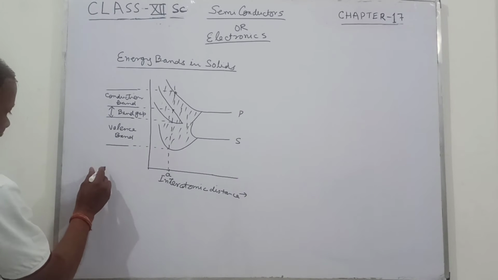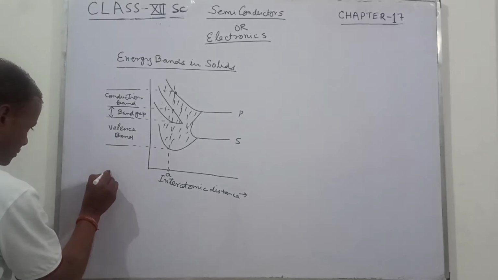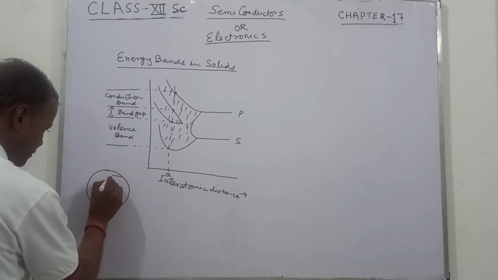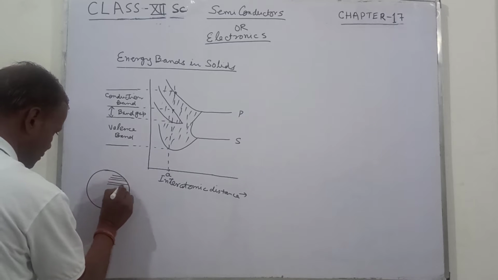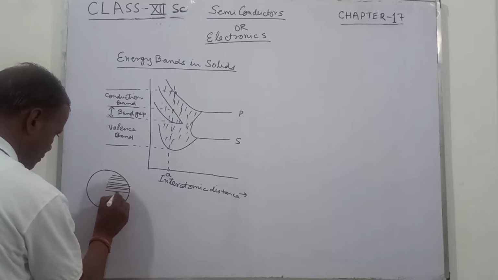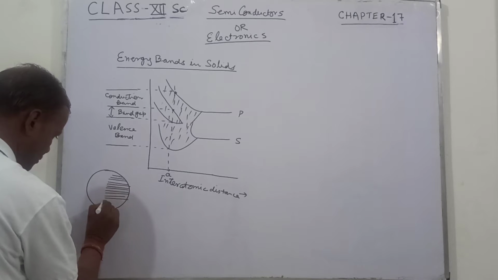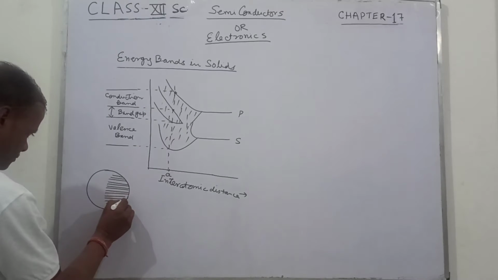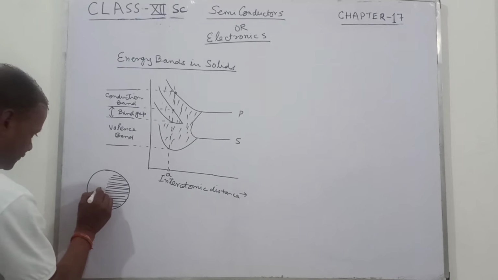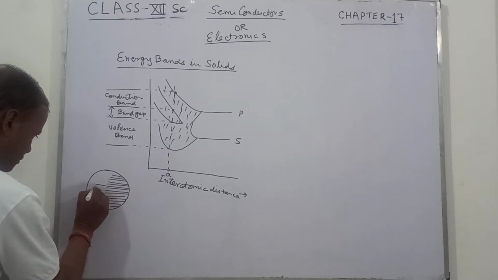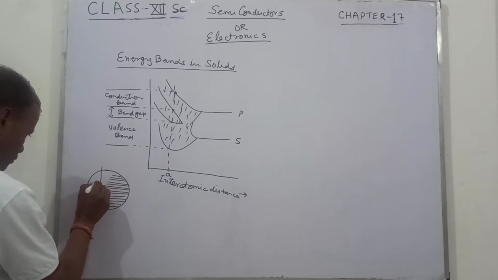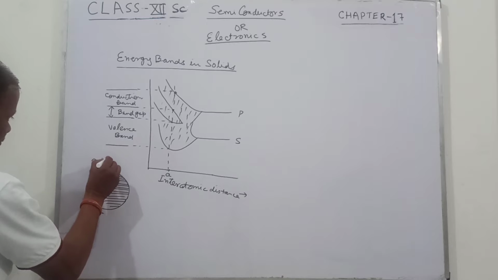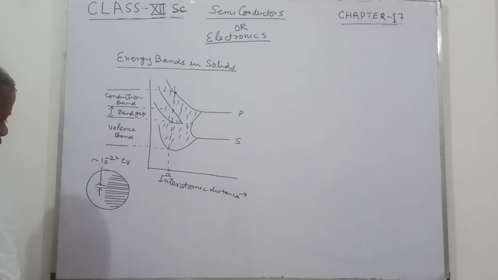So here we have, suppose these are the energy levels like this, and the difference between these two is very small, approximately 10 raised to the power minus 22 electron volt.